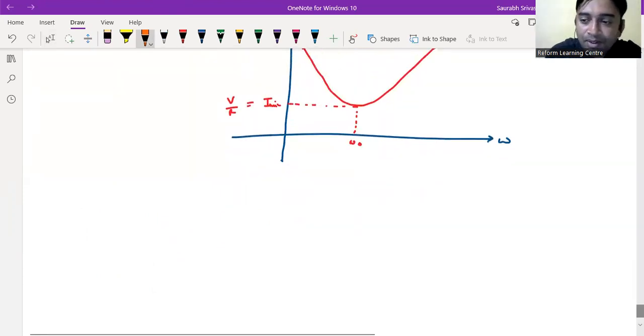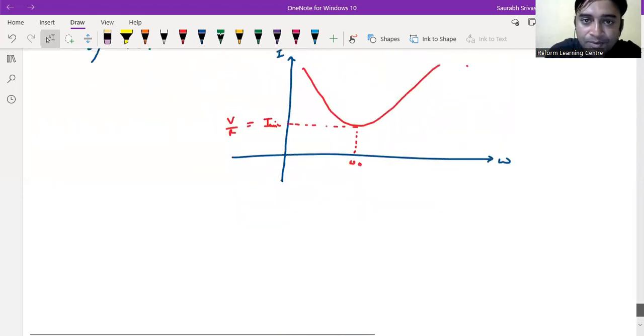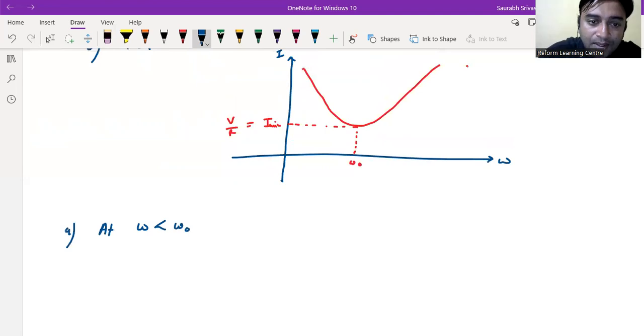Next point. कितने point हो गए थे? Now fourth point. At omega less than omega naught, सर्किट कैसा बिहेव करेगा?